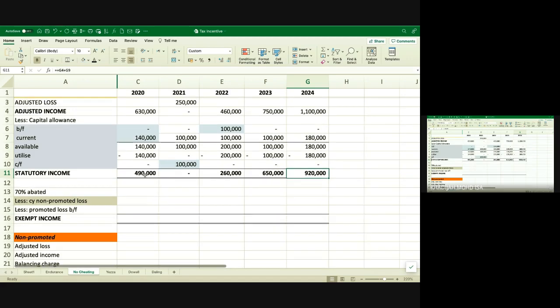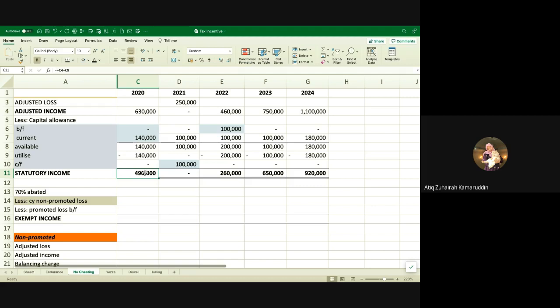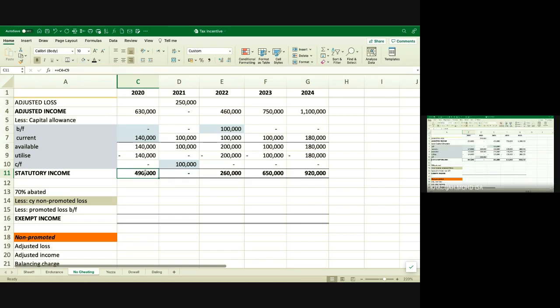Statutory income. Make sure that you settle the statutory income portion at the top first for the 5 years period. You plug in the information provided. Then from there you compute your SI. Can you do that? Yes, madam. Right. So once you have your SI, then you compute your 70% abated. How to compute 70%? 70% times SI.